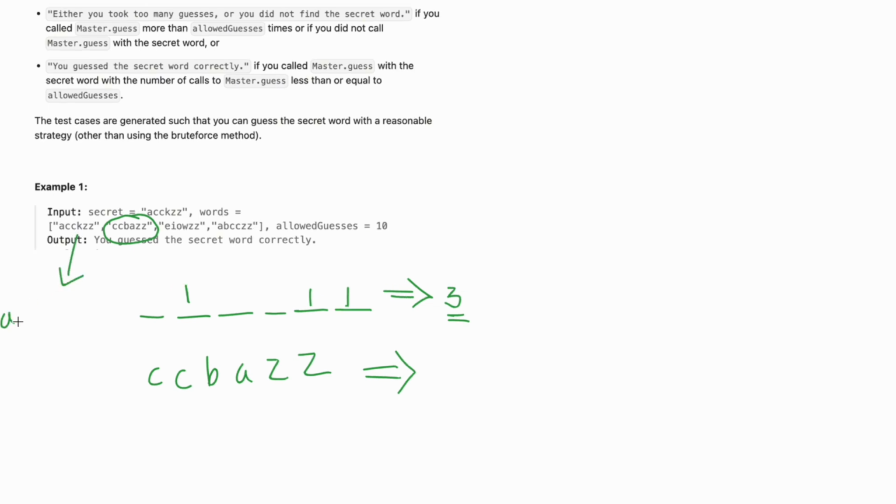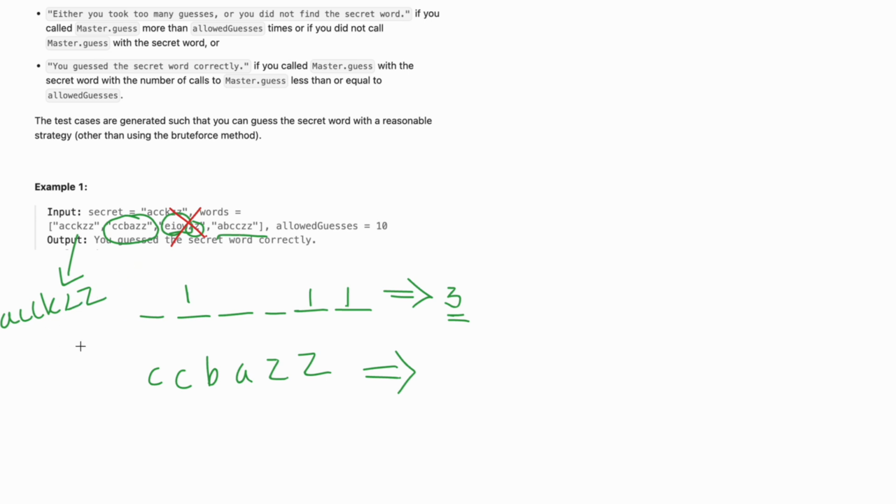So we add it to our new list. Then A, A, C, K, Z, Z. This one, if you see, these four letters are not matching, only two. So when the count is not equal to 3, we remove this word from our list, or we don't add it to our new list. So this is removed. And lastly, we have this word remaining.